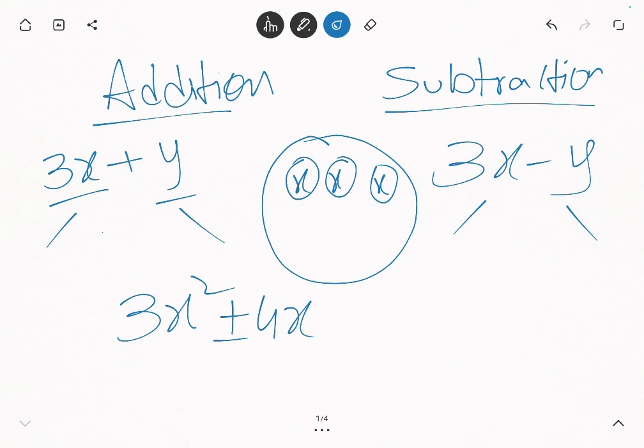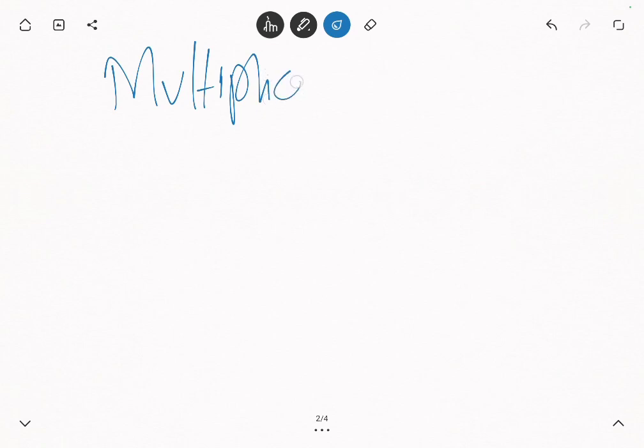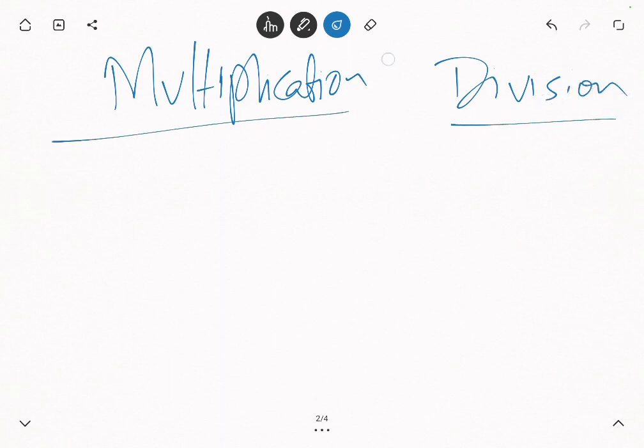Now let's move into our next part, multiplication and division. Here, irrespective of like terms or unlike terms, you can simply multiply or divide them.